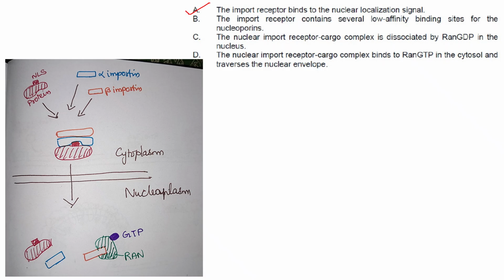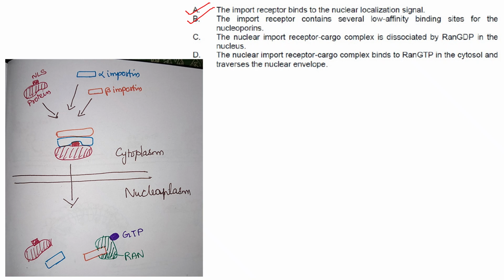Then the import receptor contains several low affinity binding sites for the nucleoporins. Yes, I told you nucleoporin has phenylalanine glycine residues to which these importin proteins can bind, and it is by low affinity that they bind to this nucleoporin. So that is also correct.